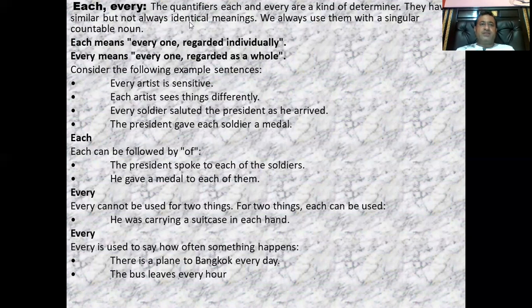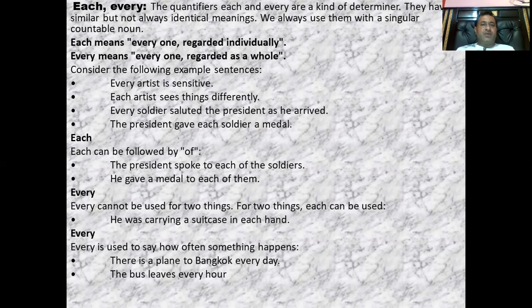The very first are each and every. The quantifiers each and every are a kind of determiners. They have similar but not always identical meaning. We always use them with a singular countable noun. It seems that they both have the same meaning, but they do not have identical meaning.